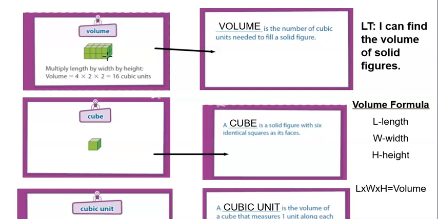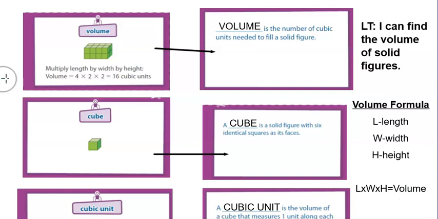Our width is how wide our shape is, which represents this 2 because there are 2 shapes wide. And then the height is how tall, and there are two cubes high. So you would take 4 times 2, which is 8, 8 times 2, which gives you 16. So your volume would be 16 cubic units. The volume is the number of cubic units needed to fill a solid figure.